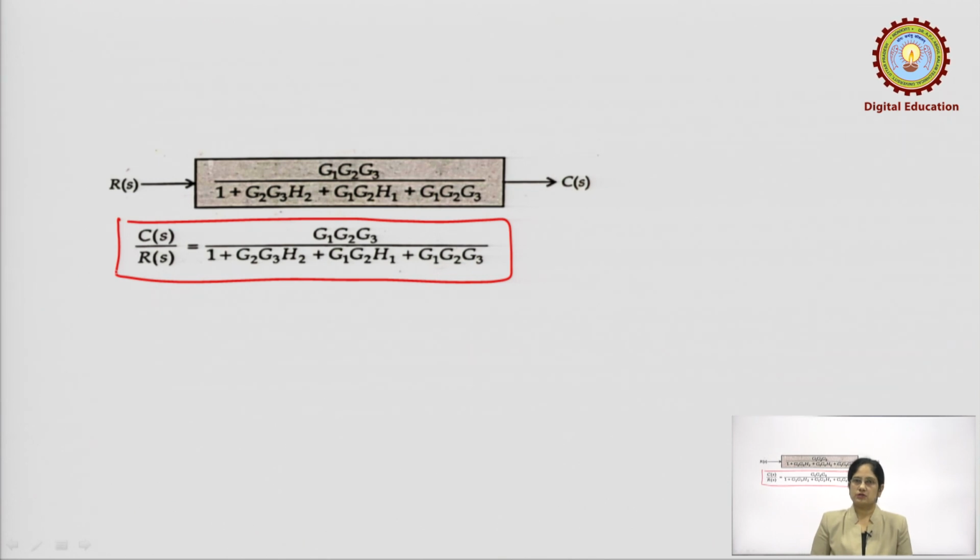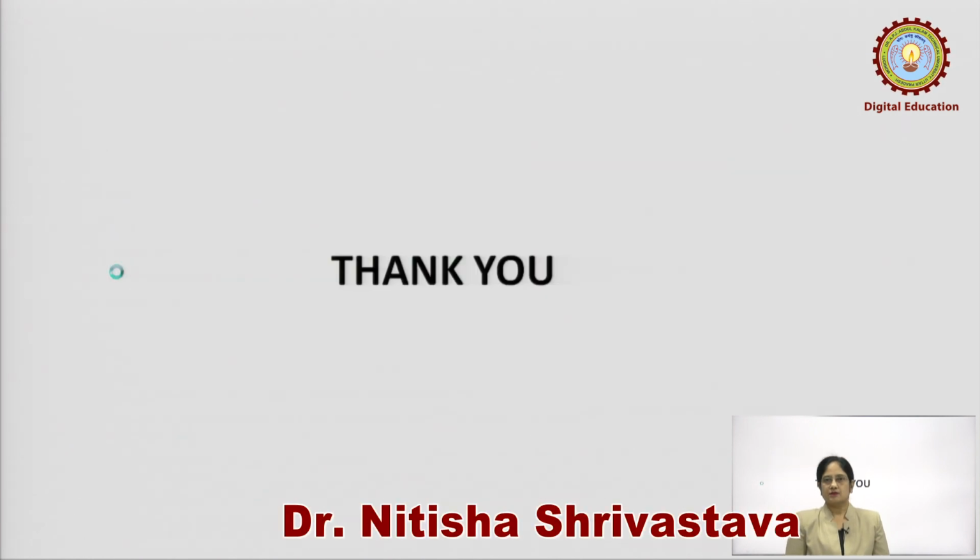We have also understood what the feedback loop is and how the gain and the feedback path are reduced to a single term. We have taken up 2 examples. I hope these 2 examples give you a clear picture for solving more examples related to block diagram reduction. Thank you very much.